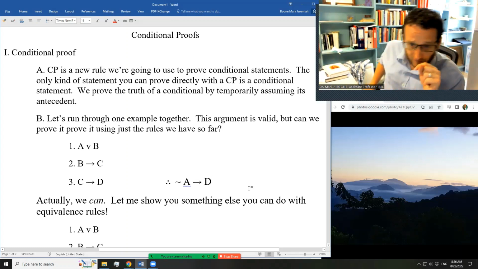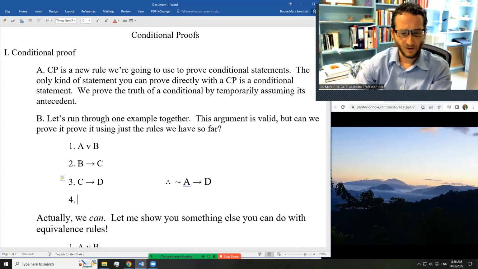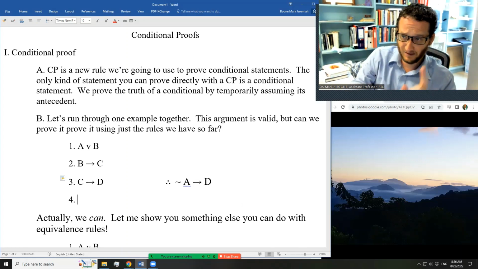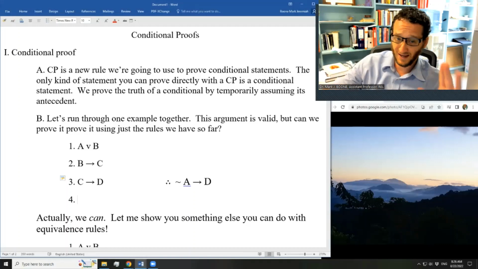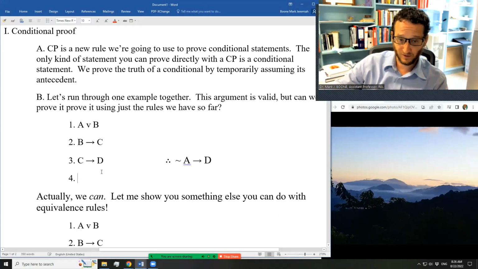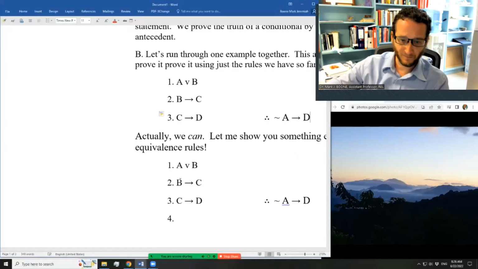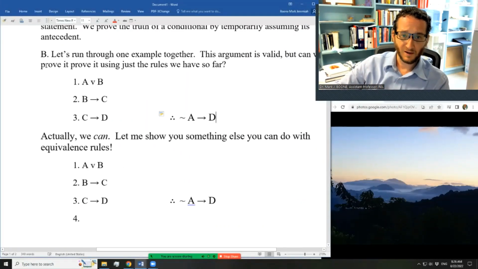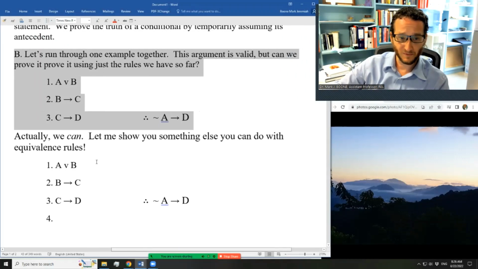So now, briefly, to illustrate this and to show that there is a way of doing this without using conditional proof, let's apply double negation and then see what we can do to complete this proof using equivalence rules, just illustrating that this is something you can do with equivalence rules. Here's the argument that we need to prove.